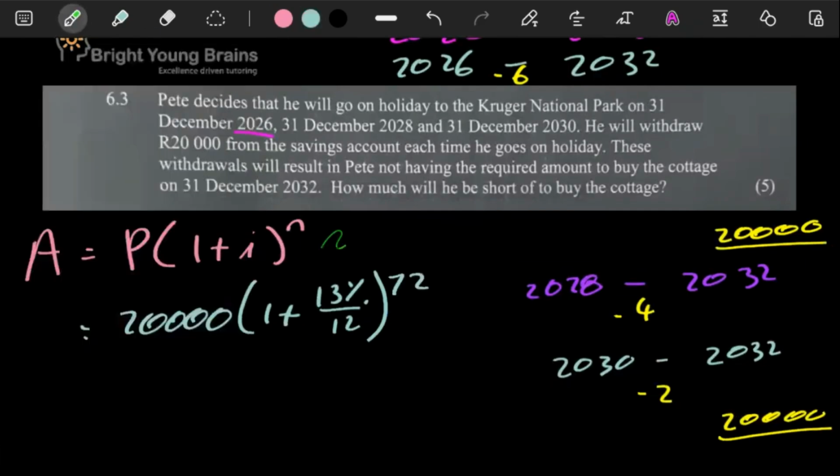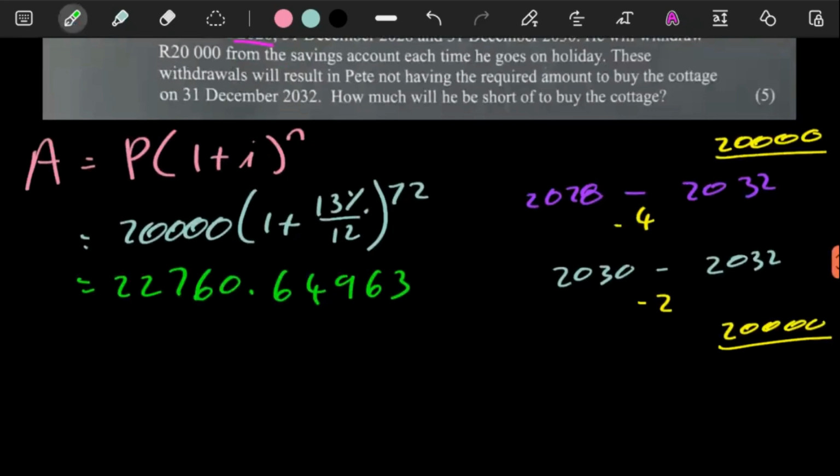And then let's see what this would have accumulated to. 20,000 times (1 plus 13% over 12), the whole thing to the power of 72. This is what he forfeited: 22,760.64963. That's for the first 20,000 that he took out early.